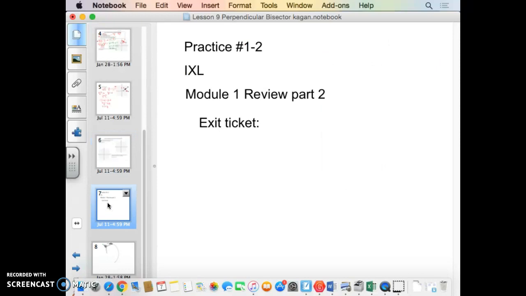All right, your homework is practice numbers 1 and 2, and we're not doing IXL right now, so this would be on pages 34 and 35. Okay, you've got the module review part 2, and that's in here.